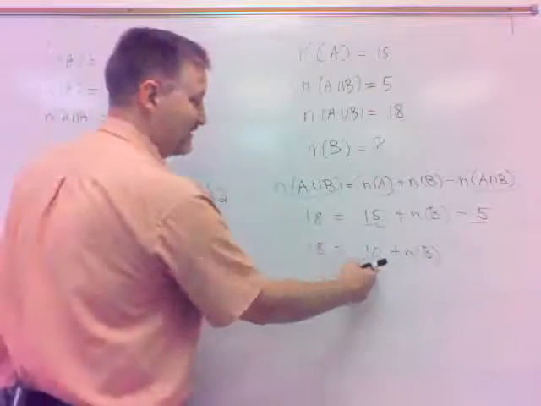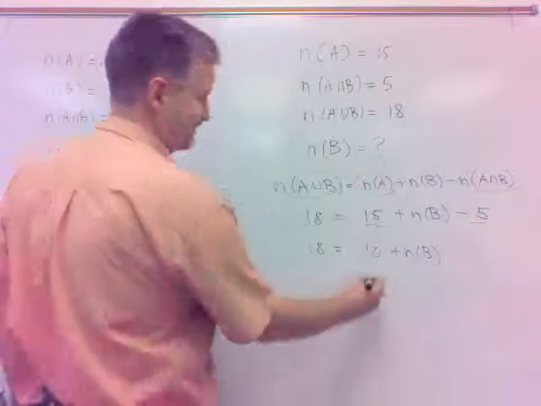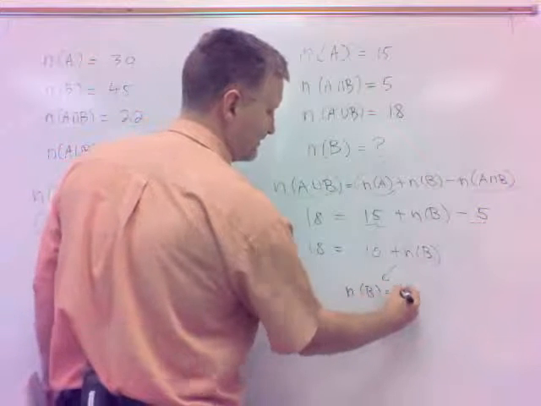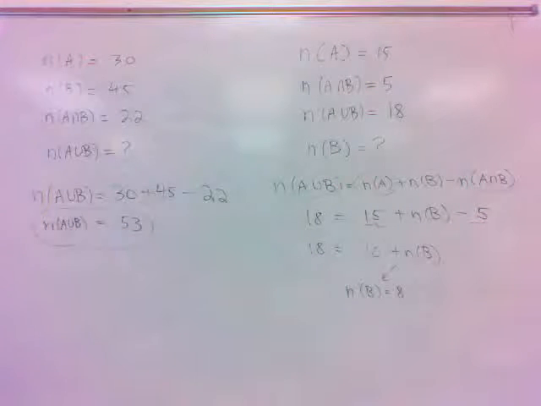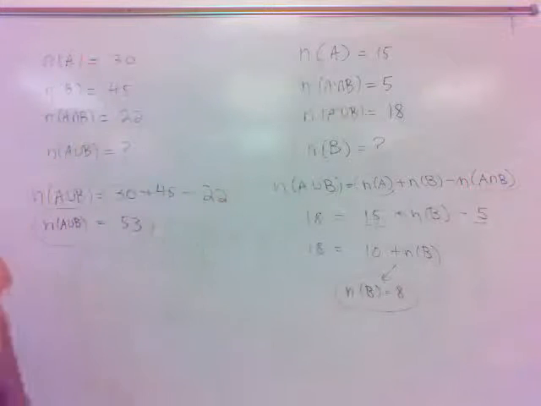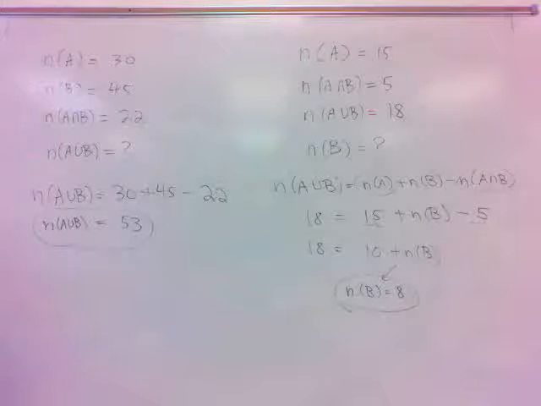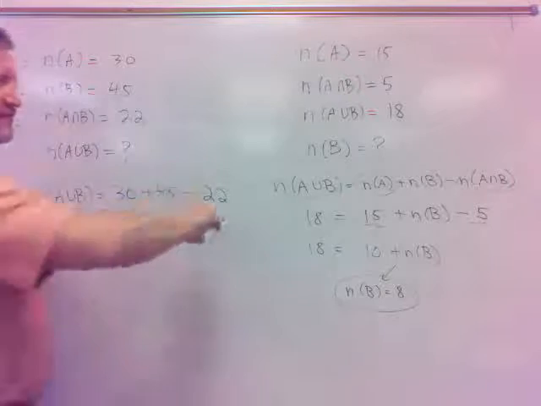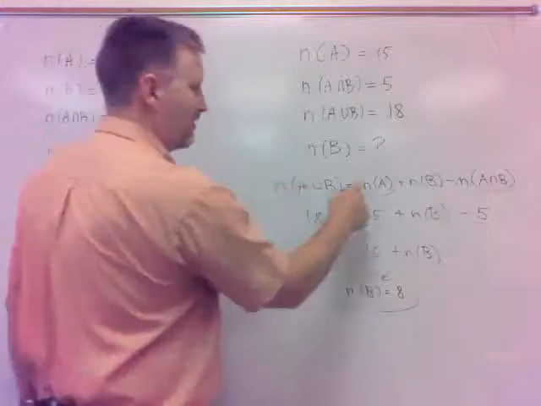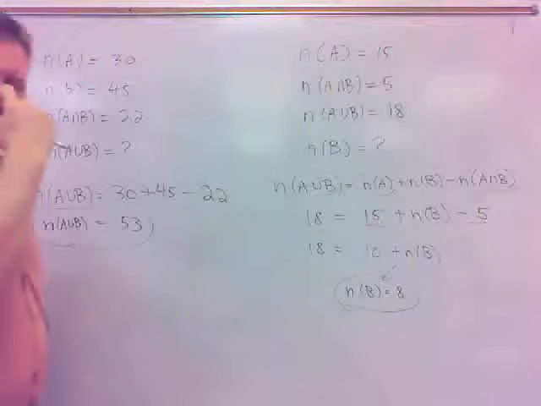Well, 18 equals 10 plus what? Subtract the 10 or whatever you want to do, but doesn't the number in B have to be 8? Is everybody okay with me on that? So as long as you have 3 of the 4 parts in this formula, you can figure out that 4th part. Whether it's this part or that part or that part, you can figure it out. Okay?